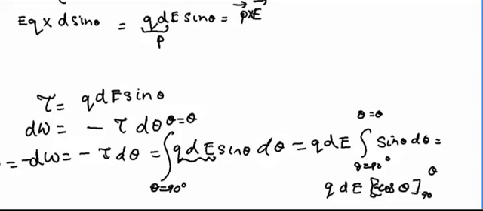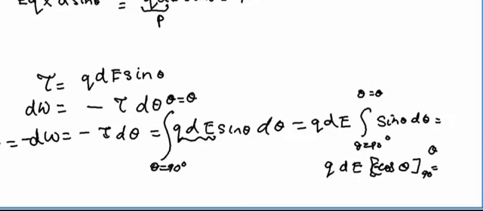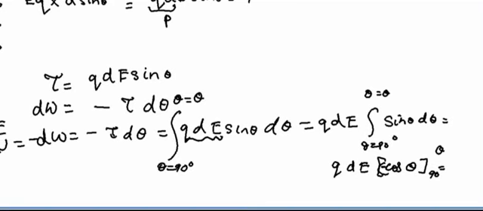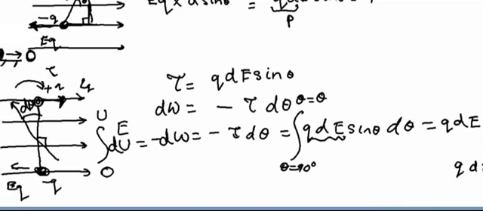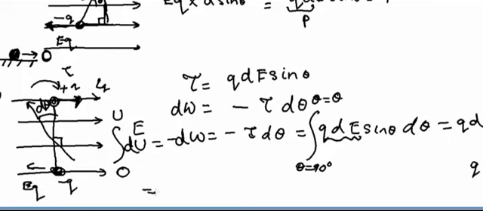So if I evaluate this definite integral, I put minus cos theta minus minus cos 90, and cos 90 is 0. So this comes out to be minus q d E cos theta.